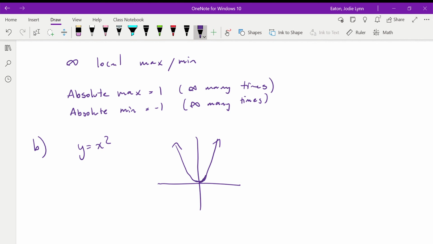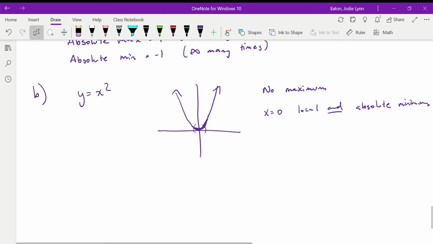We can see that there are no maximums of local or absolute variety, and x equals 0 is a local and absolute minimum. So it's a minimum for its little area, open interval, and it's also the lowest value of the entire function. So you weren't exactly wrong when you were just calling that the minimum, because it actually meets both definitions.